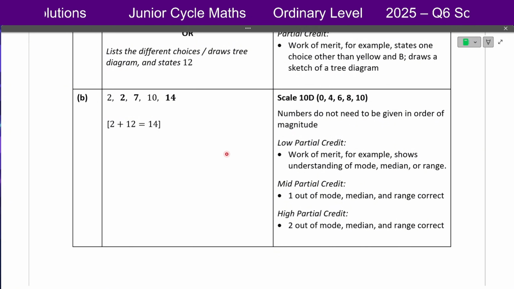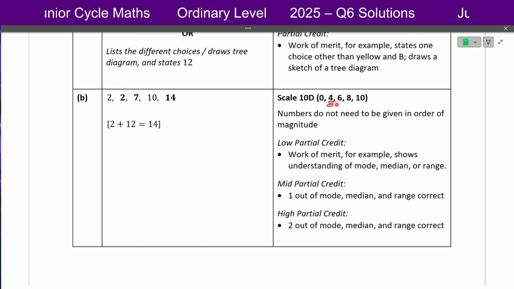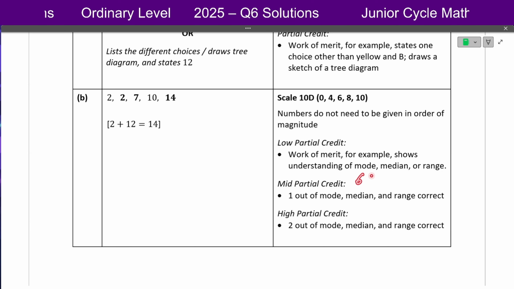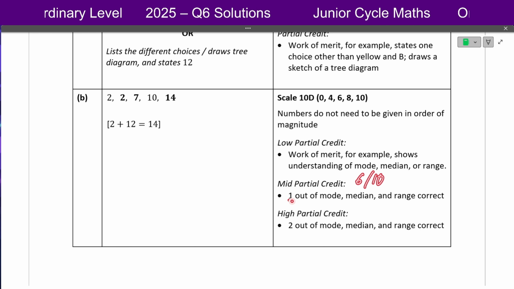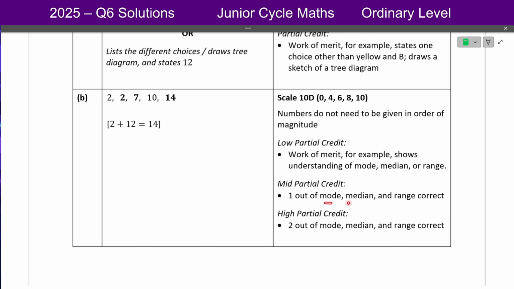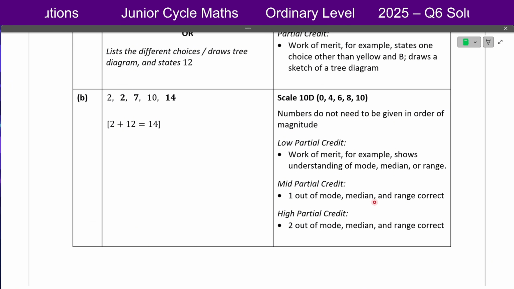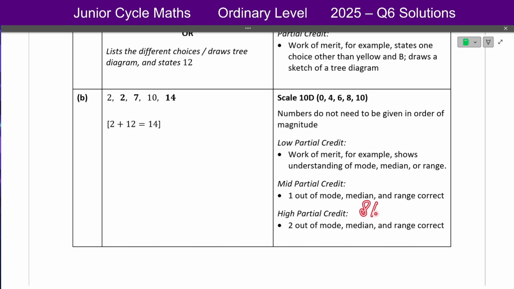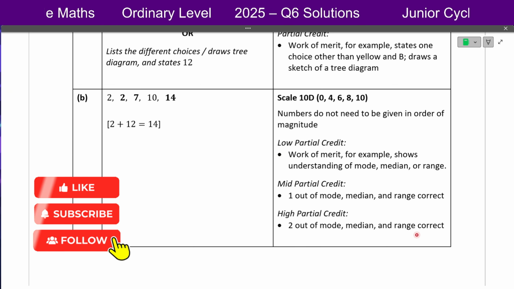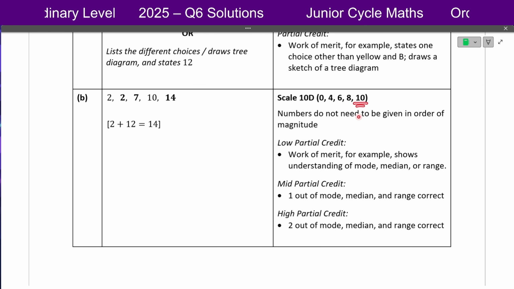We may get 6 out of 10 if we have 1 of the 3 numbers correct, for example mode, median or range. We can get 8 out of 10 if we have 2 numbers out of the 3 correct. And basically 10 is the full mark for this part.